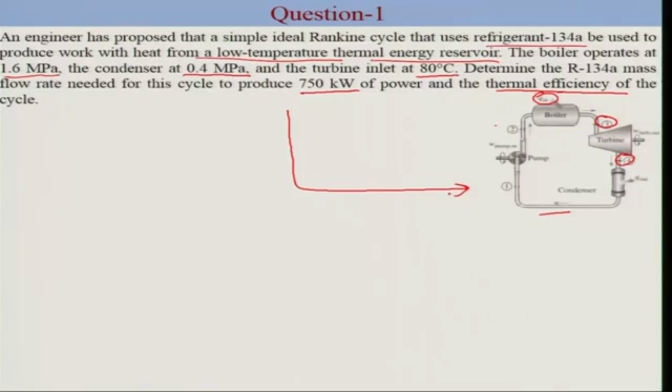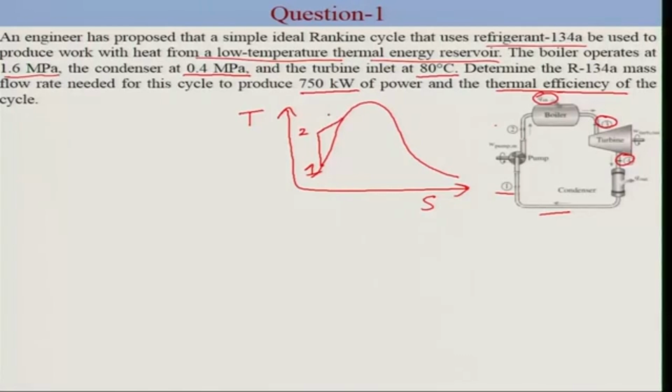on TS diagram, so the process 1 will start from the saturated liquid. So it is compressed isentropically from the state 1 to 2. Now heat is being added in the reboiler at a constant pressure.